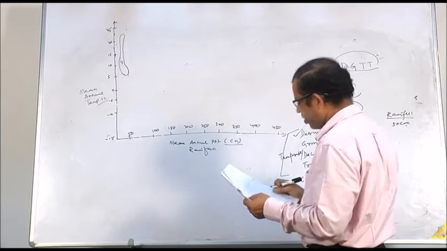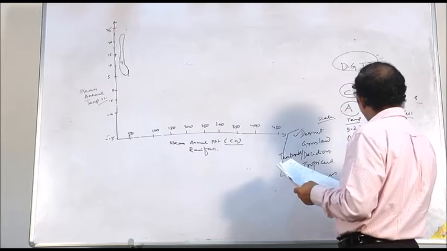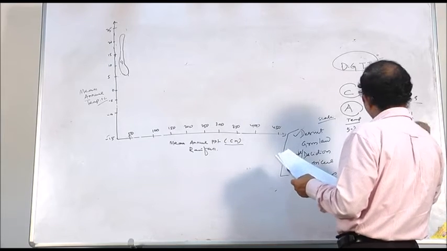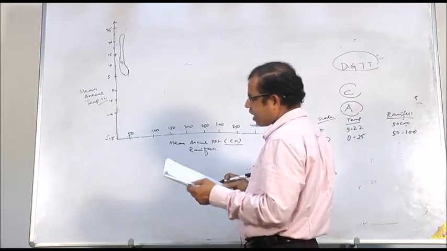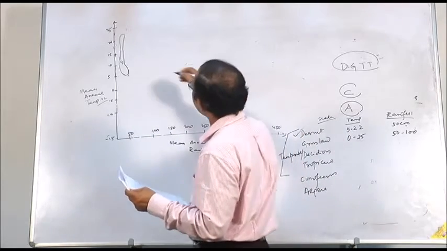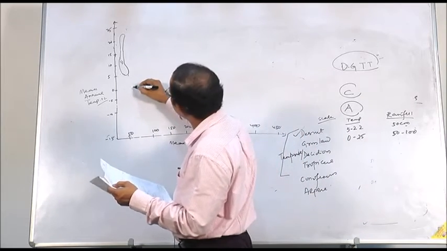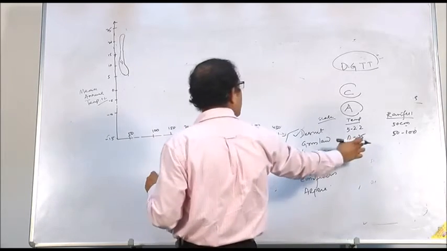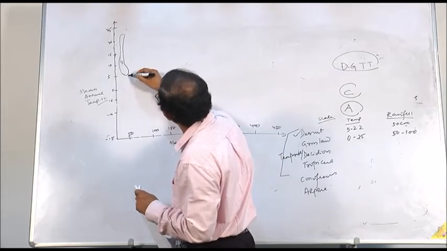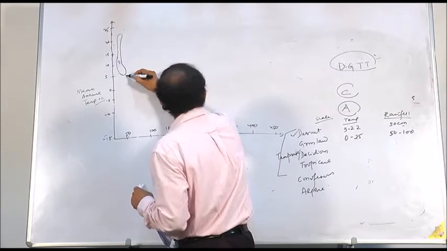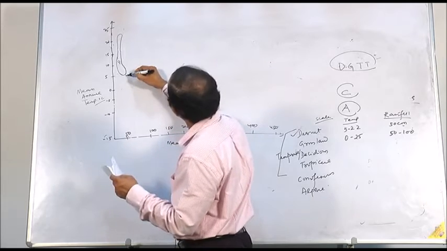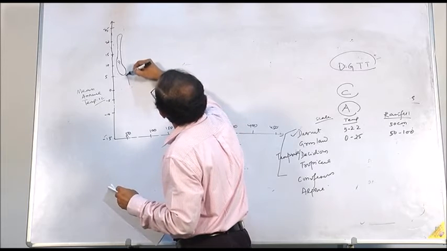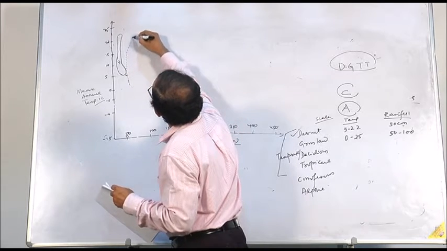Second, I can go for the grassland, which starts from 0 to 25 in temperature. The rainfall is 50 to 100. So the grassland shape will start from 0 to 25, with rainfall up to 100, starting from 50 here.